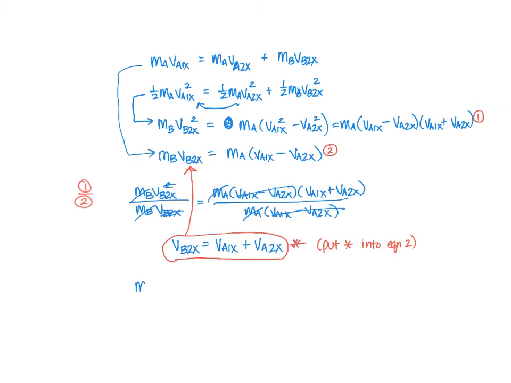So I have mb times va1x plus va2x is equal to ma, and then I am going to just do a little bit of algebra, because what I want to be able to do is to solve for the final velocity of object A.